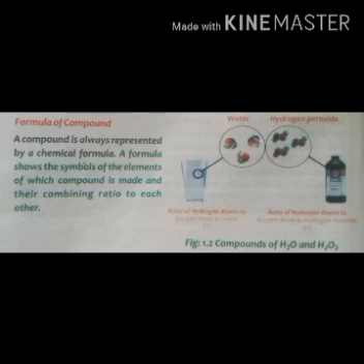And in the case of hydrogen peroxide, the ratio is 2:2. Two atoms of hydrogen combined with two atoms of oxygen, combinedly they form hydrogen peroxide. So the purpose of a formula is to show the symbols of the elements and their combining ratio to each other.